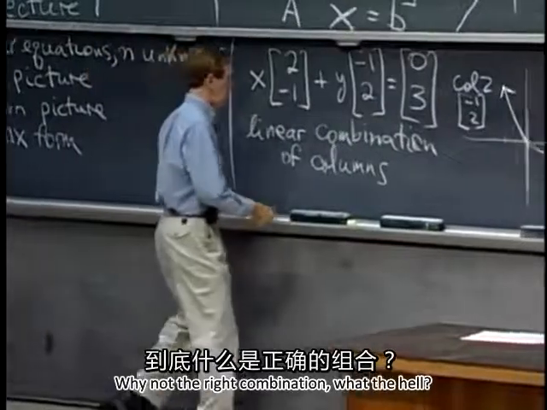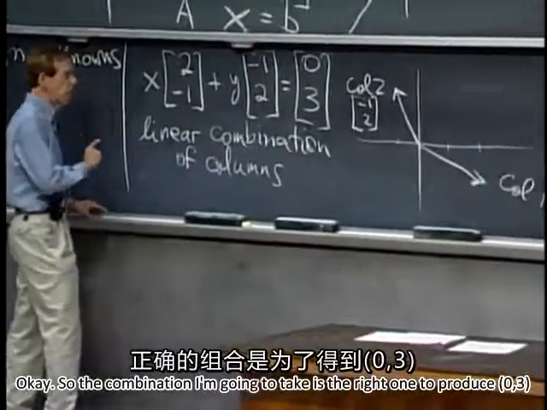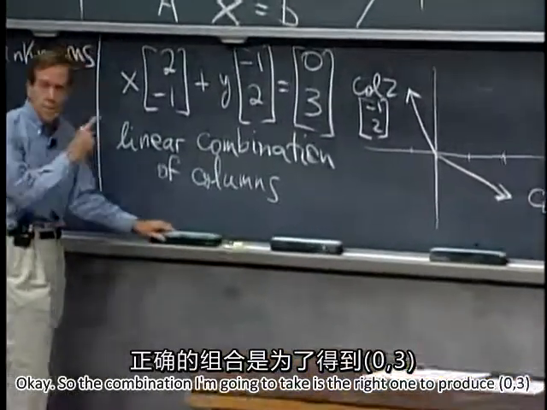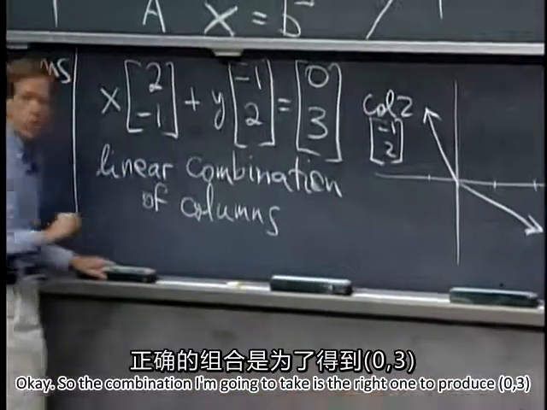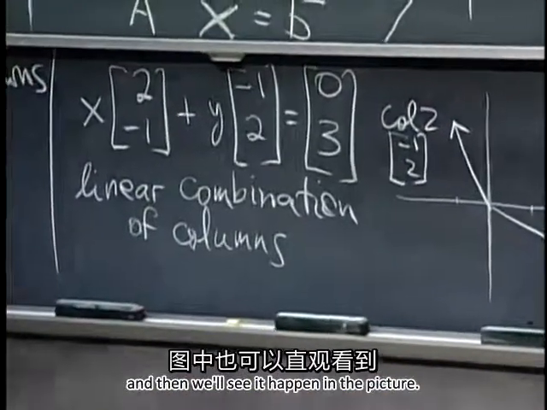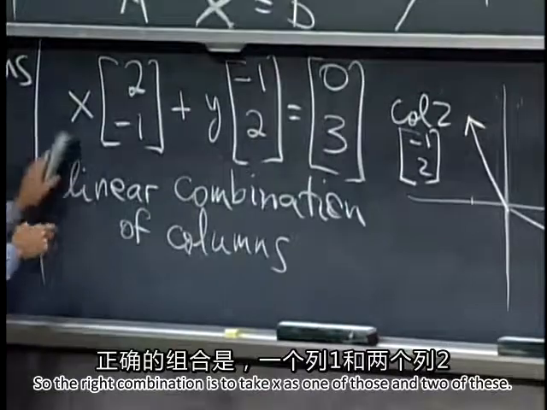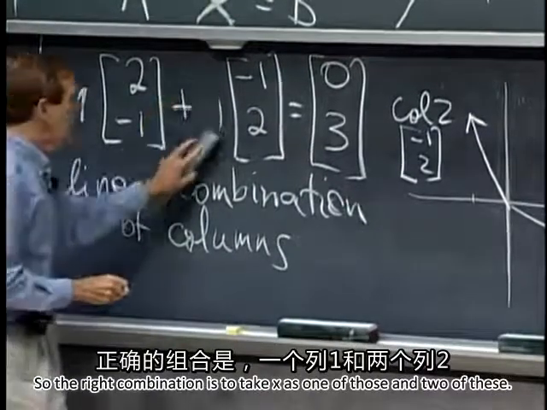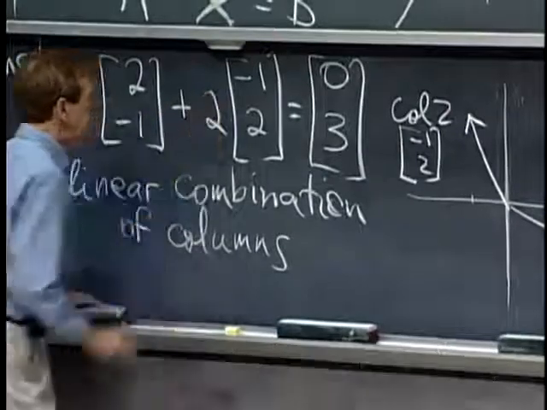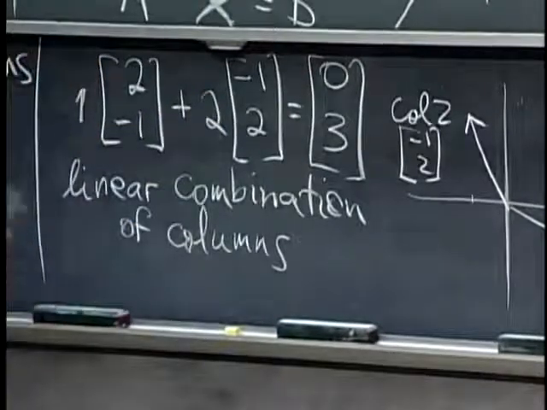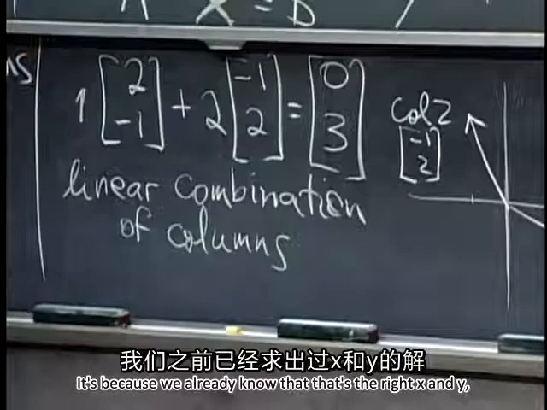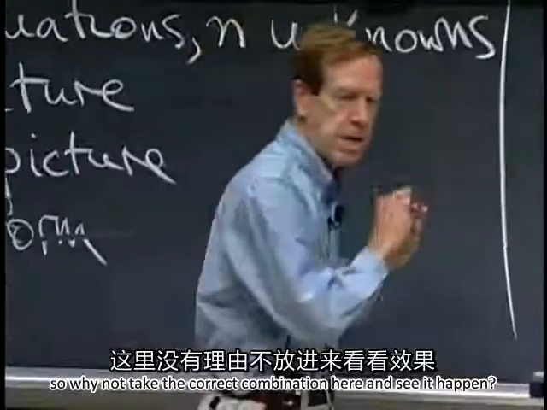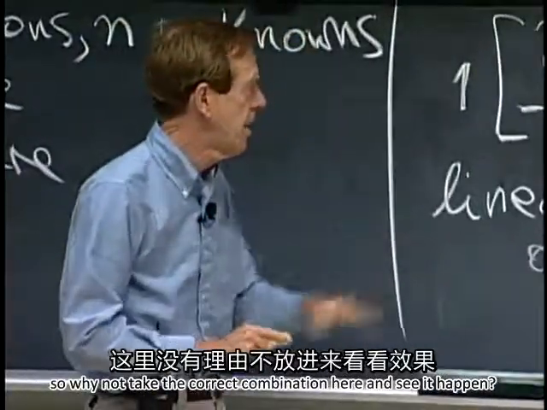What the hell? Okay. So the combination I'm going to take is the right one to produce 0, 3, and then we'll see it happen in the picture. So the right combination is to take x as one of those and 2 of these. It's because we already know that that's the right x and y, so why not take the correct combination here and see it happen?